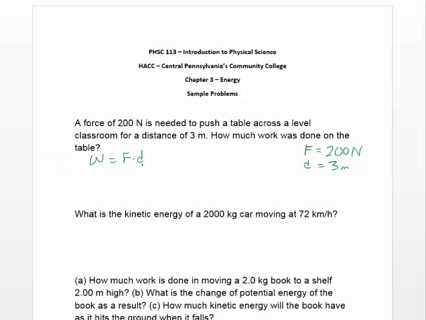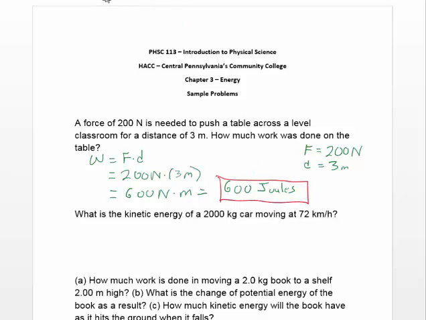So work is equal to the force times the distance, or 200 newtons times 3 meters, which is equal to 600 newton meters. A newton meter is a joule, so our answer is 600 joules, and there we have the answer for the first problem.